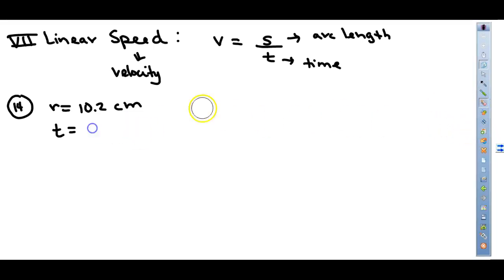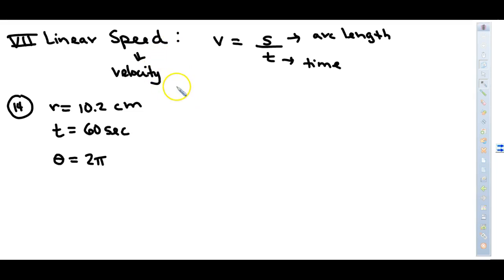Let's make it 60 seconds because most of the time we do our time in seconds anyway. And so you've got a radius of 10.2 and you want to figure out how fast something is going around a circle, and you're going to go all the way around the circle, meaning that theta is going to be 2 pi.